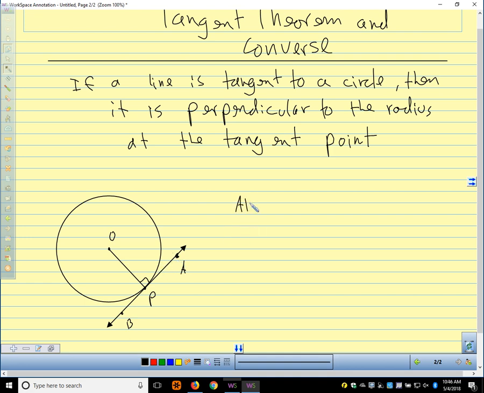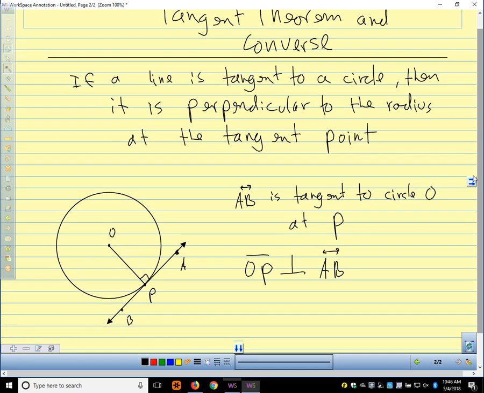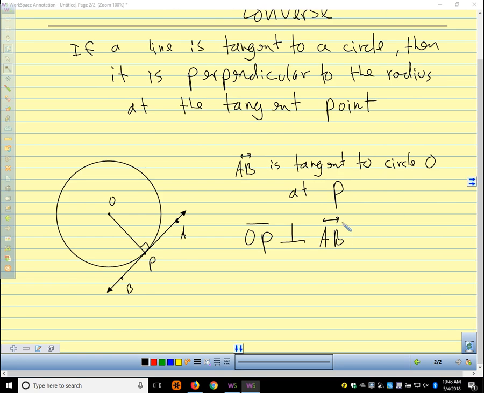So in symbols, we'd say line AB is tangent to circle O at P. Well, that means that segment OP is perpendicular to line AB. So that's a pretty important relationship. The tangent line is perpendicular to the radius.